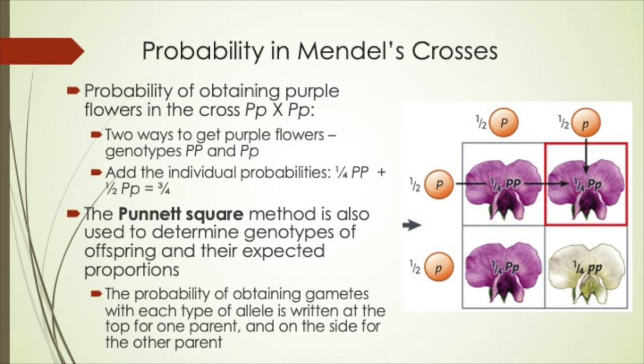So if each gamete gives half probability to each offspring, that means that 1/2 times 1/2 will give you 1/4 chance to give you one purple dominant, otherwise 1/4 ability to give you a homozygous dominant purple flower. 1/2 times 1/2, 1/4 ability to give you a homozygous dominant flower.